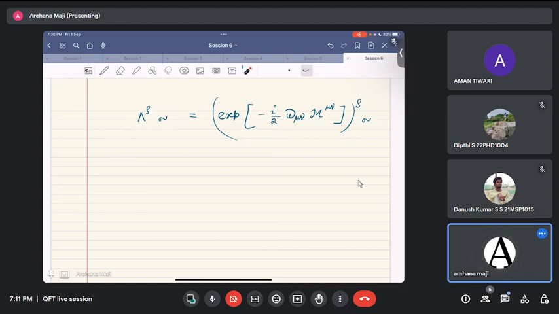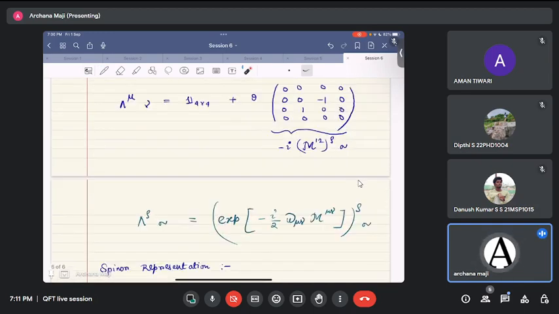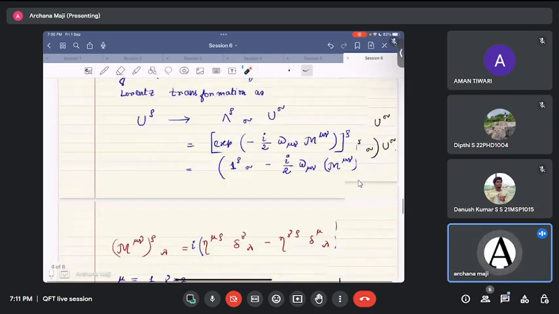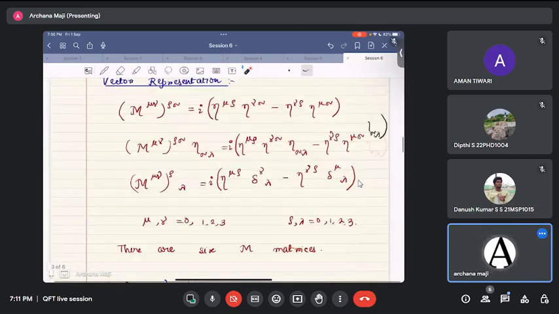Okay. So let's now get to the spinor representation. By the way, the operator representation of the generators corresponding to the Lorentz transformation is nothing but those J mu nu.